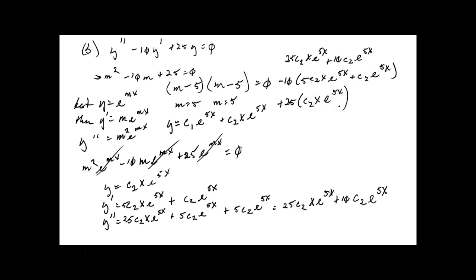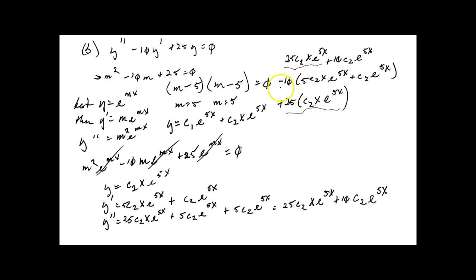Now, if this thing adds to 0, we know that that's a solution. And we already know it's linearly independent from our first solution. So let's see what we got. This is 25C2x e to the 5x. Here's another 25C2x e to the 5x.